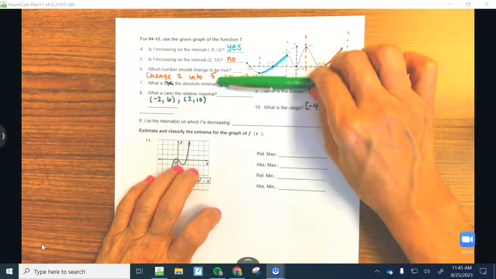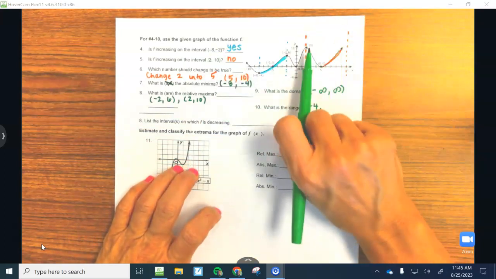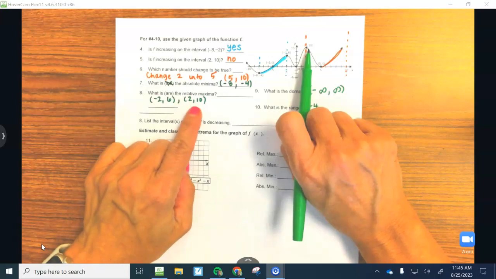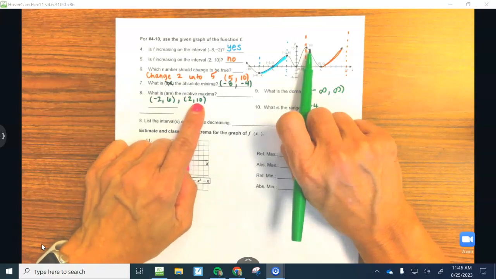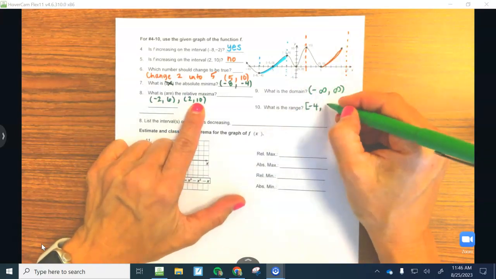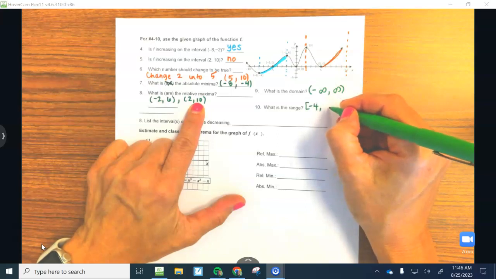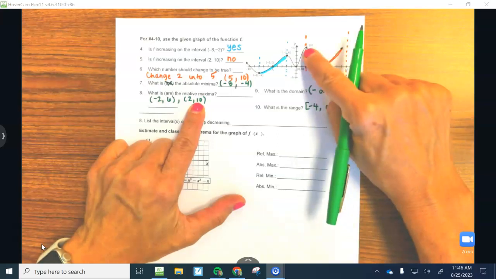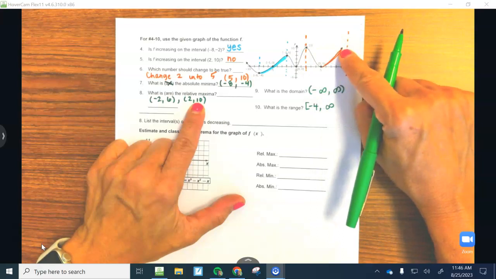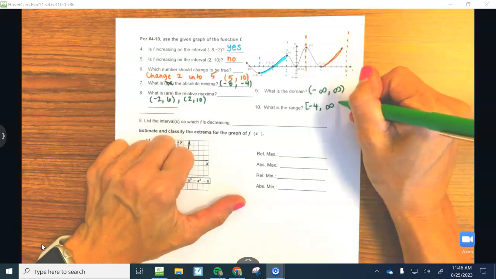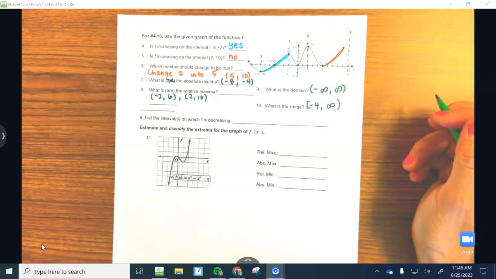And then the tallest amount is going to be from the 10, which is also part of that big maxima right there. So we're going to write to infinity, though. Don't get confused because of those arrows. It goes up forever. I almost did the wrong answer.